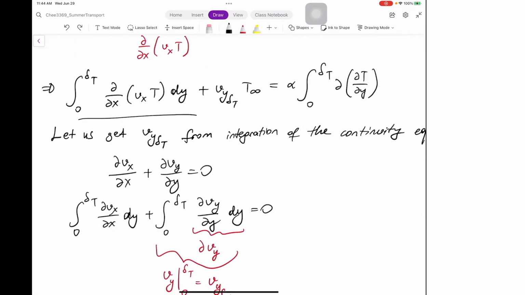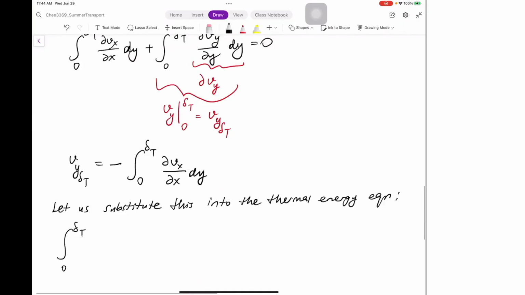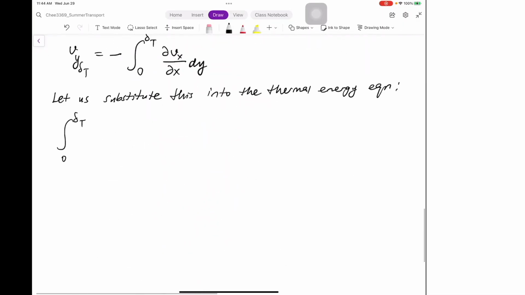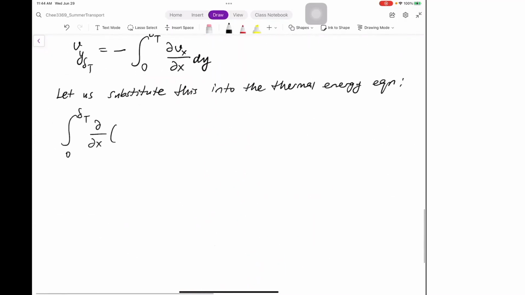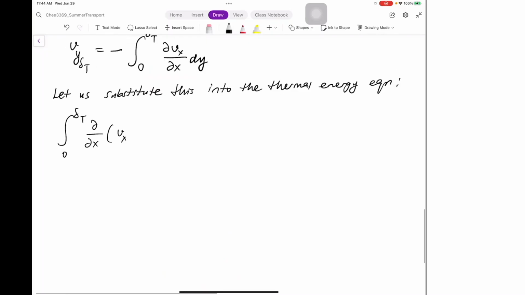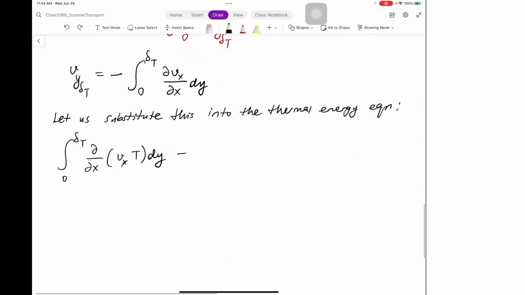Integral 0 to delta t del over del x Vxt dy plus, well, actually, since this is minus, I just change the plus to minus.